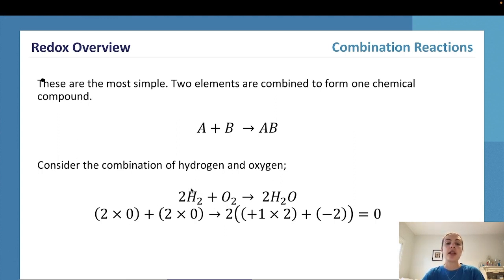So essentially the oxygen is receiving electrons from the hydrogen atoms.